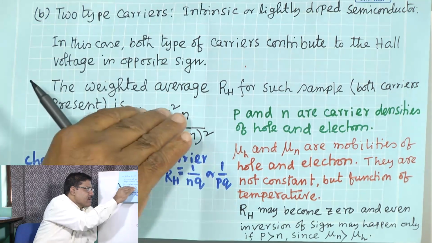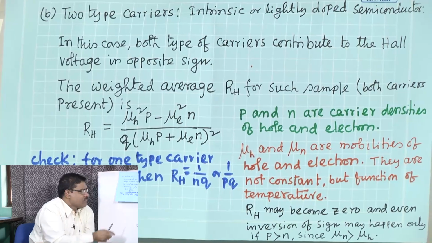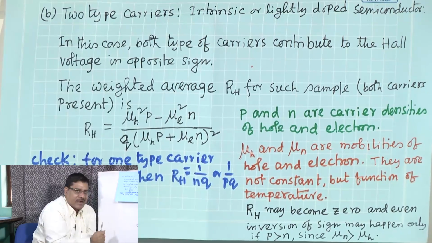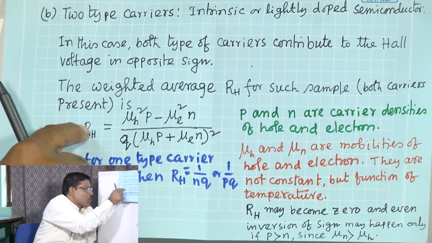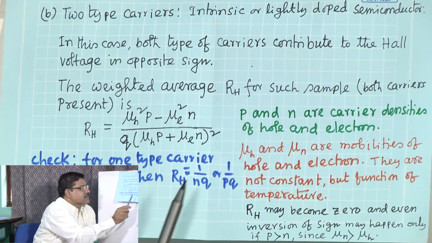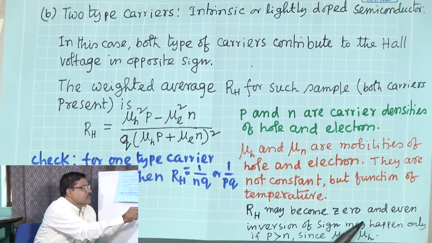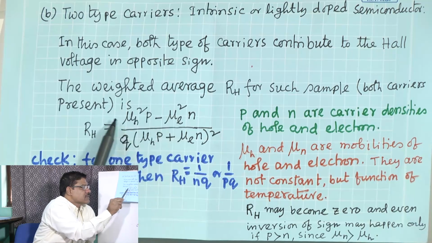So it will pass through zero, R_H is 0. In that case, this term will be equal to this term. From there you can get the mobility ratio of hole and electron in terms of the carrier concentration ratio.